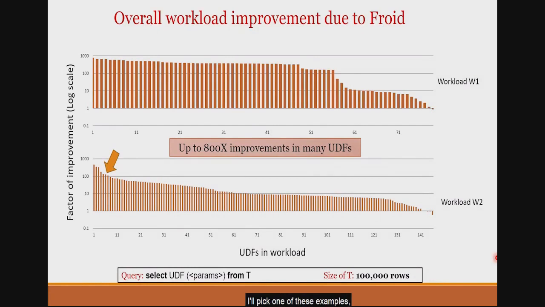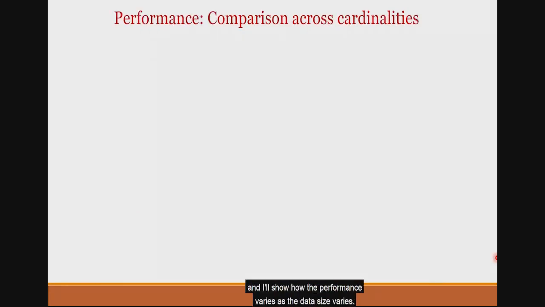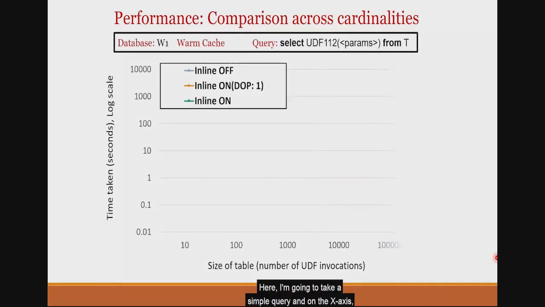I'll pick one of these UDFs and zoom into it, and I'll show how the performance varies as the data size varies. Here I'm going to take a simple query, and on the x-axis I'm showing the size of the table, which implicitly translates to the number of UDF invocations in the query, and the y-axis again shows the time taken in log scale.